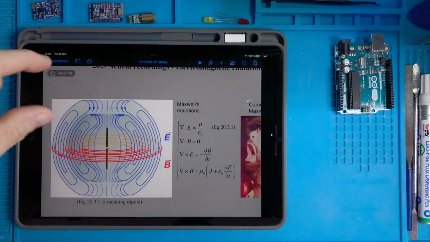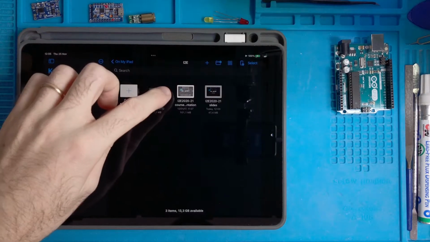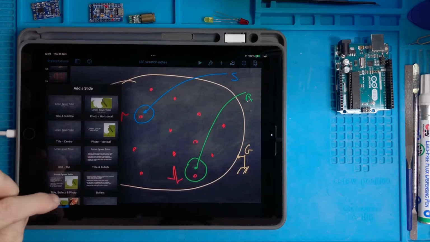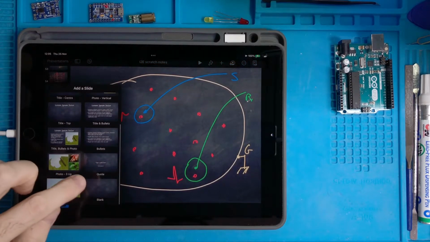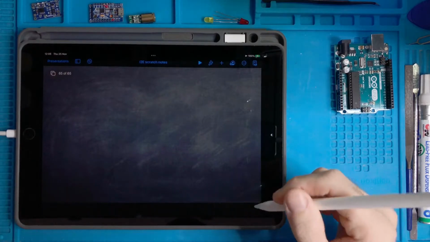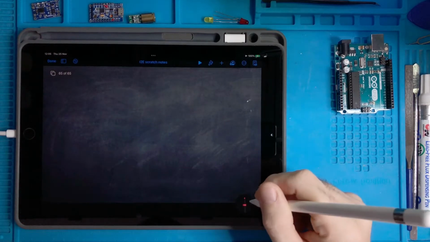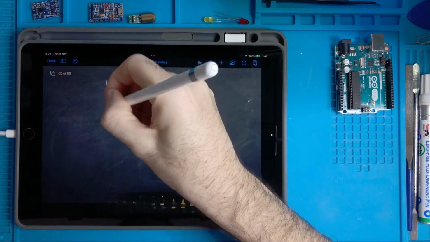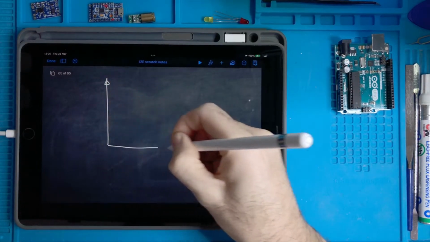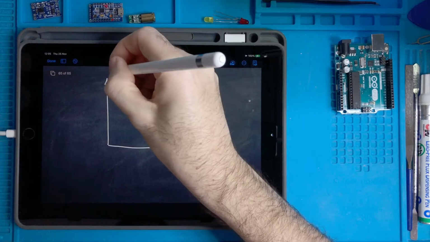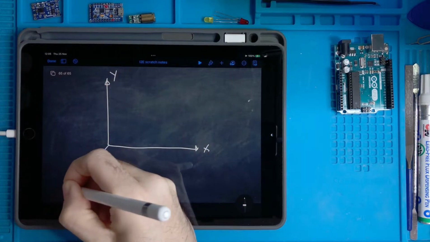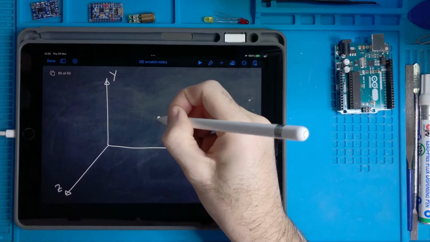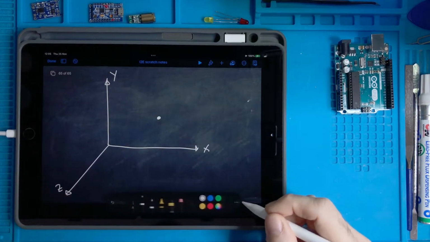So if we go here, scratch notes. So the situation is like this. We have a reference frame, x, y and z. We can consider any point in this frame.